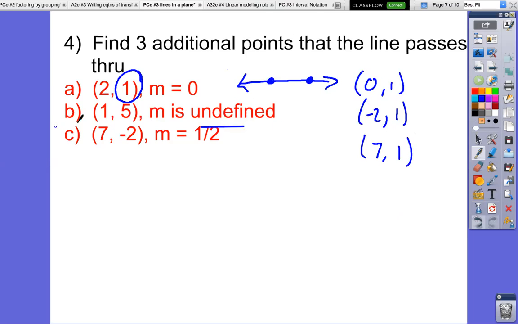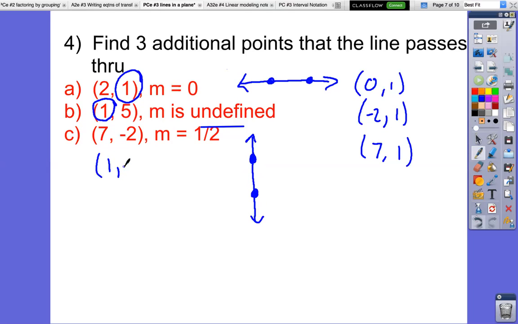So let's look at B. All of a sudden, if my slope is undefined, remember, undefined is up and down. So if I had 2 points here, my X values are staying the same and my Y values are changing.